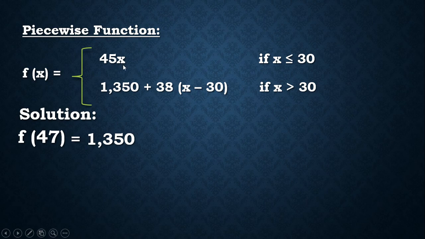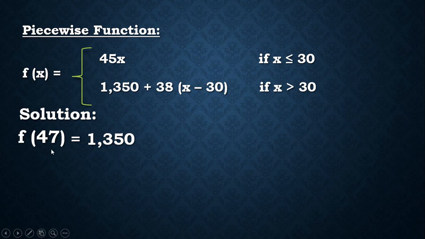And then in order for us to enjoy the discount, we have to buy 30 pieces of face shields. So it means 30 times 45, we have 1,350. By that, for the succeeding face shields, the vendor will apply the discounted amount.